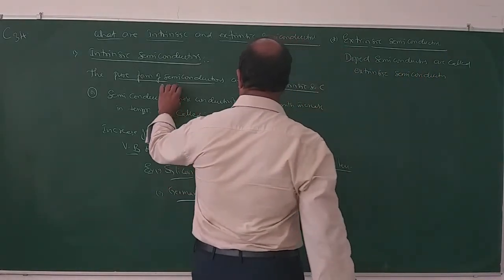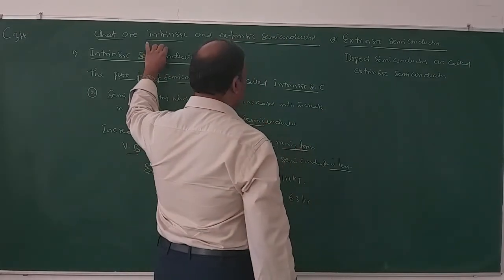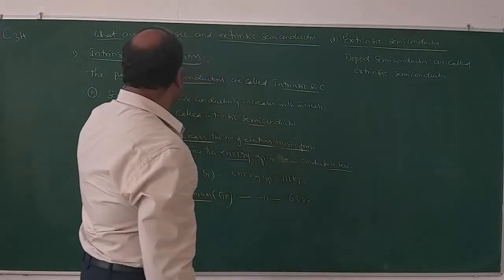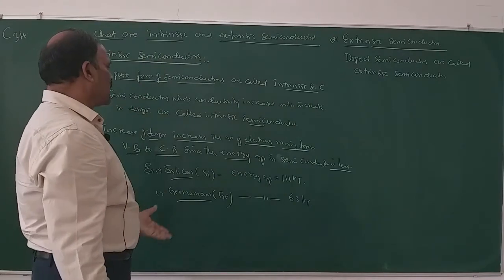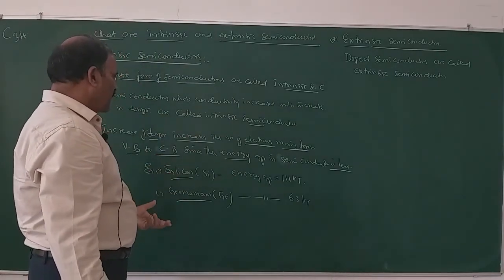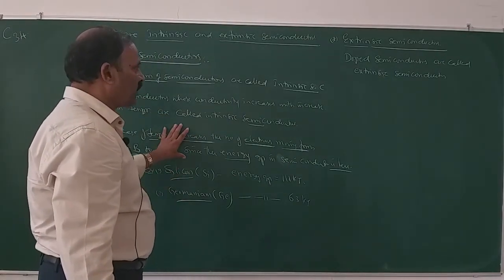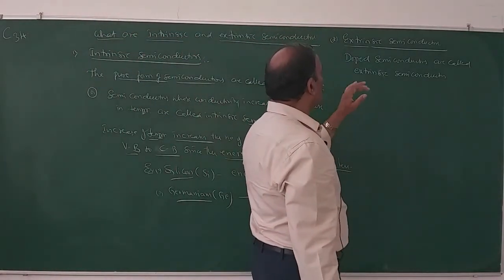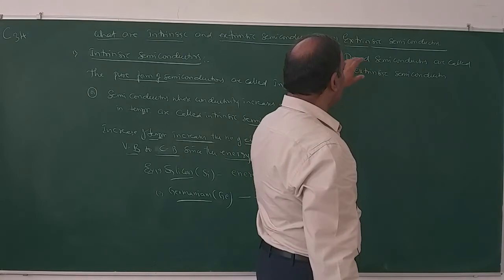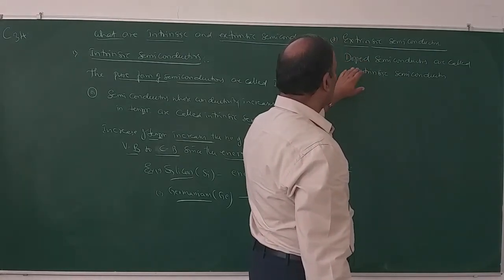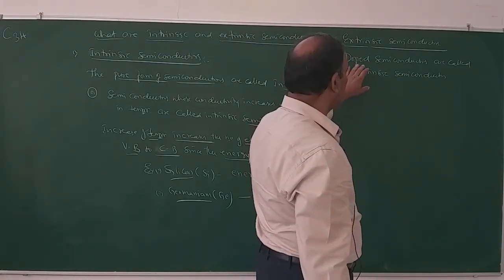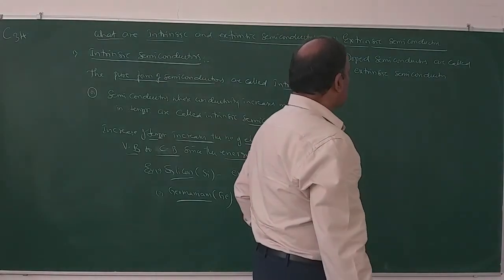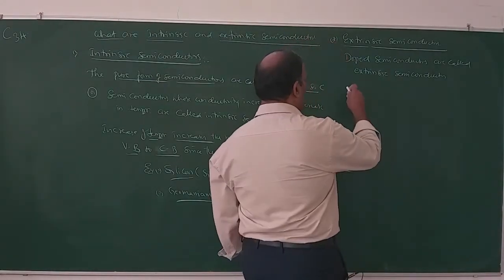So pure form of semiconductors are called intrinsic semiconductors, in which conductivity can be increased by increasing the temperature. Another form of semiconductors are called extrinsic semiconductors, which are doped.